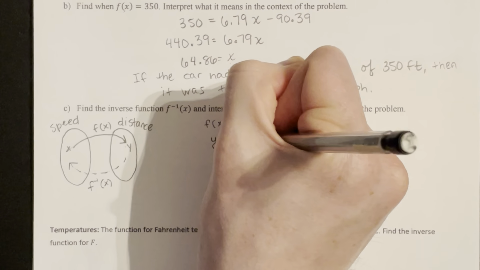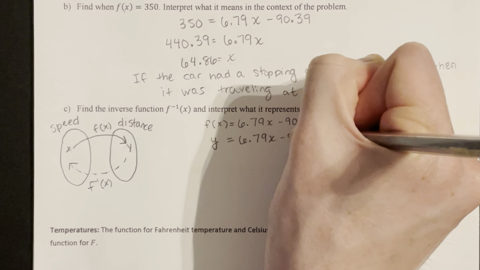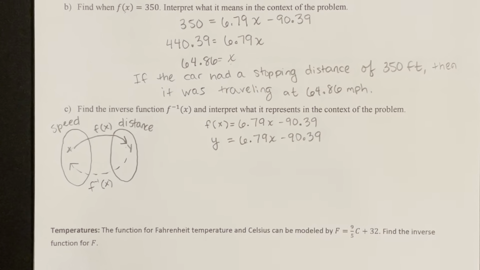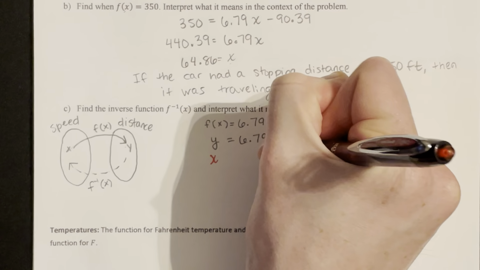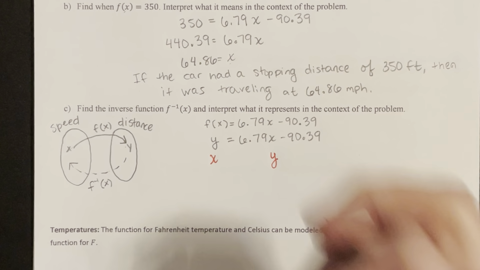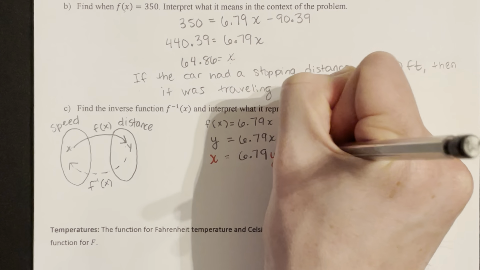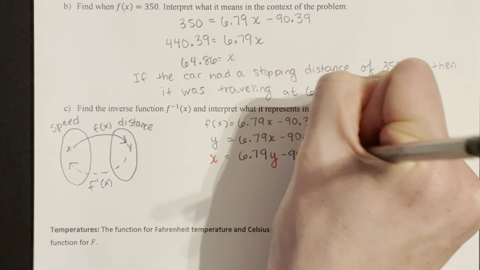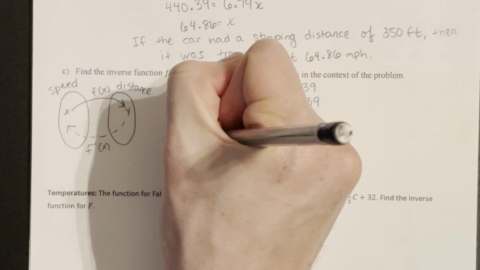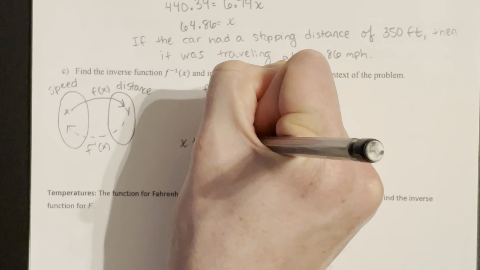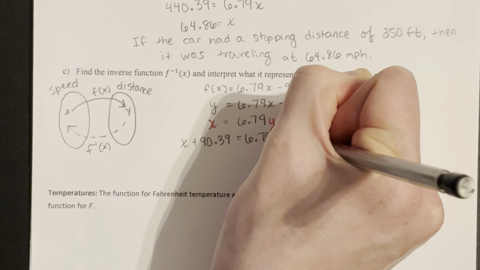So we said f of x meant y. That was our output. Our goal is to find the inverse, which was a swap of our x's and y's. So I'm going to do that part here. And if we solve for y, we would add 90, so x plus 90.39 equals 6.79y.